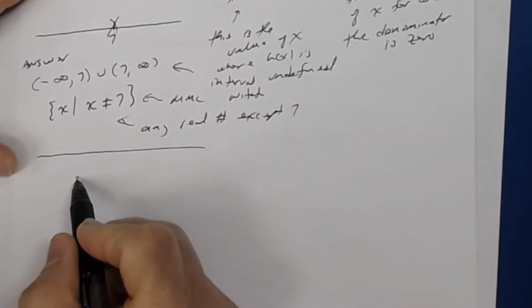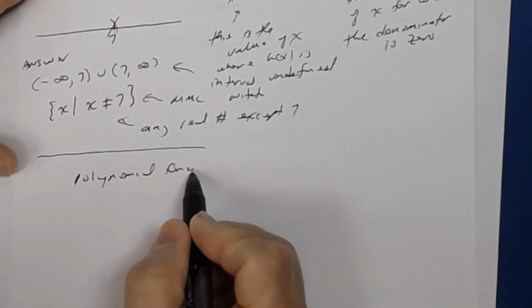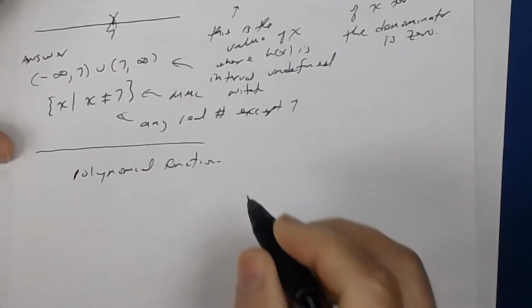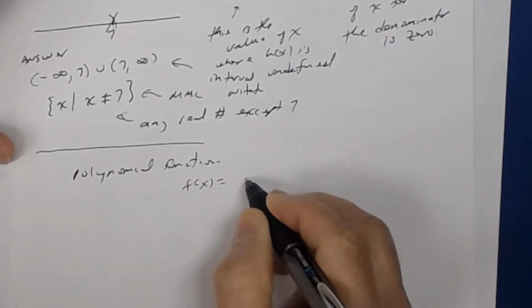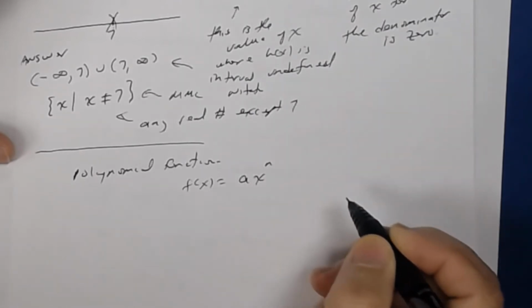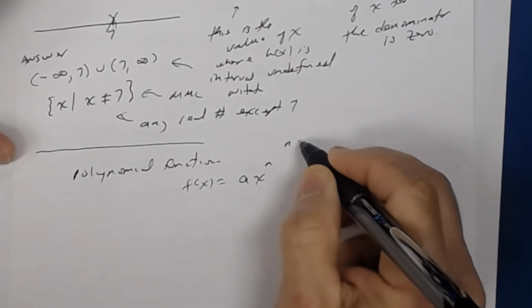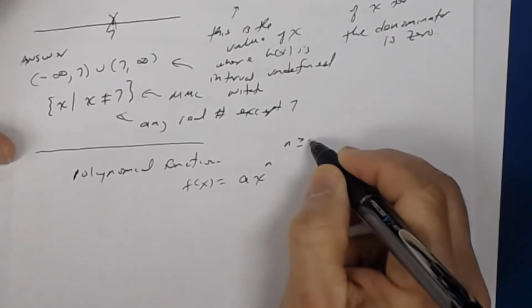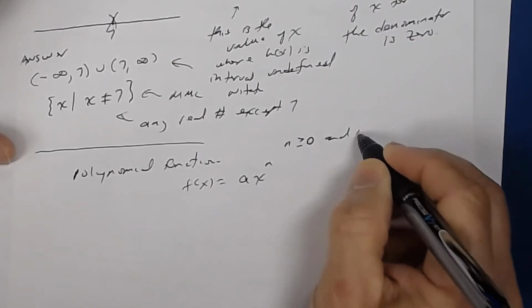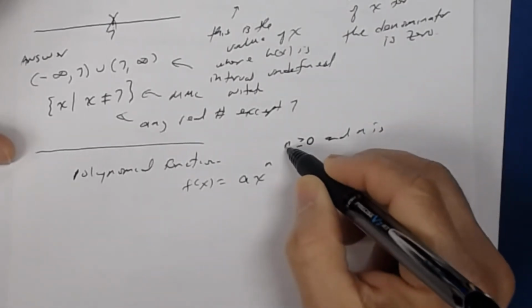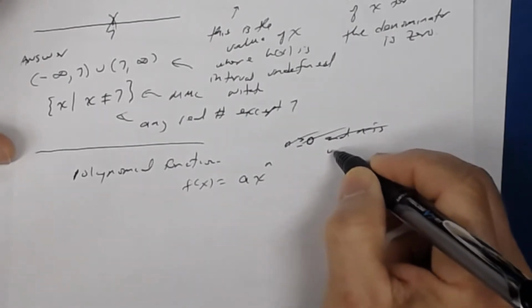So it has a form f of x equal some number x to the n power, where n is greater than or equal to 0. Okay, and n is a whole number.